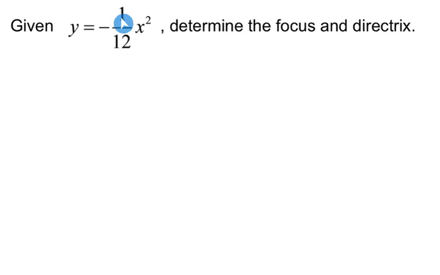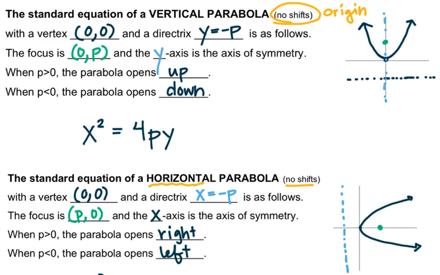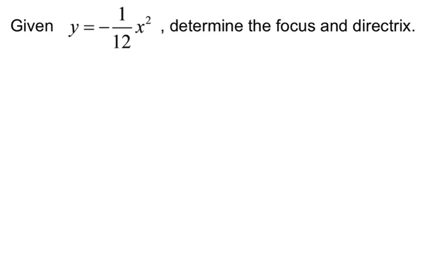So we've looked at this, we've determined that we believe it's going to be a vertical parabola because there is an x squared term alone. We're asked to determine the focus and directrix. Again, skipping back, the focus and directrix both have a p in them. So we need to put it in standard form to determine what that p value is.